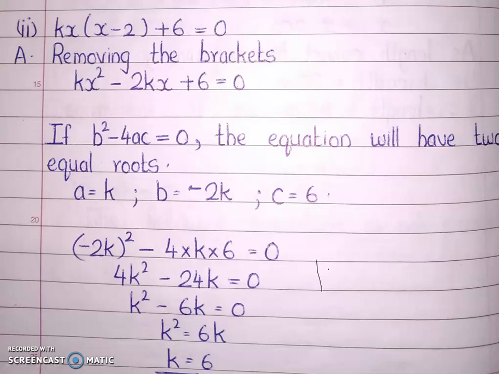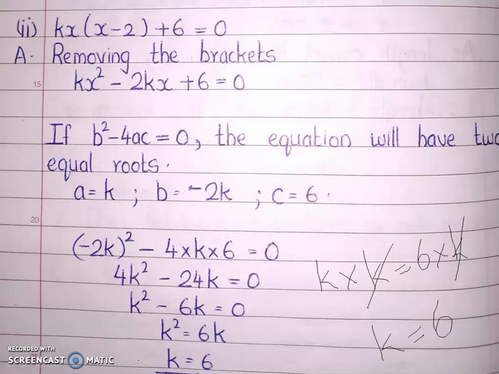That is k square means k into k equal to 6 into k. Okay, 1k and 1k get cancelled. Finally, you will get k is equal to 6.